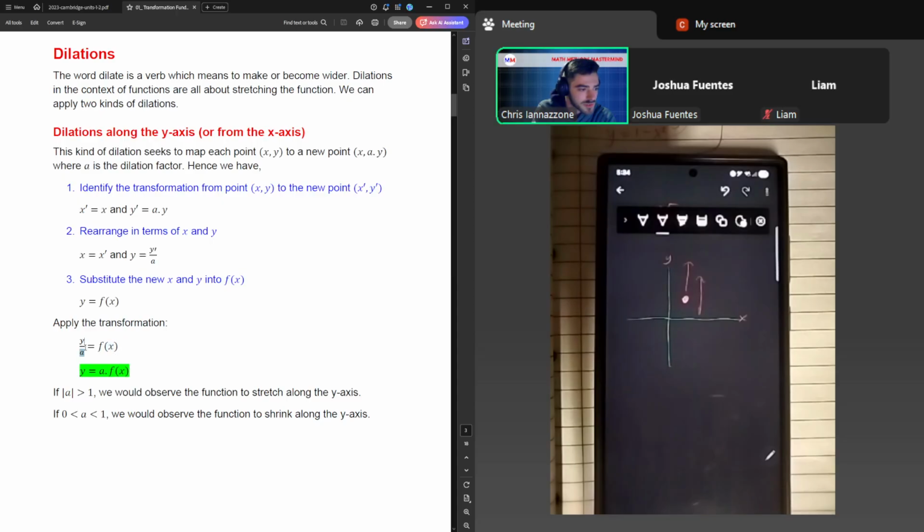Now you notice I've dropped dashes on this. You drop the dashes because those are mainly there for us, rather than because it's mathematically required to be there. And so fundamentally, the final result there is whenever you do a dilate along the y or from the x, it's the same thing as just multiplying your function by that value. This is a bit heavyweight for doing individual transformations.